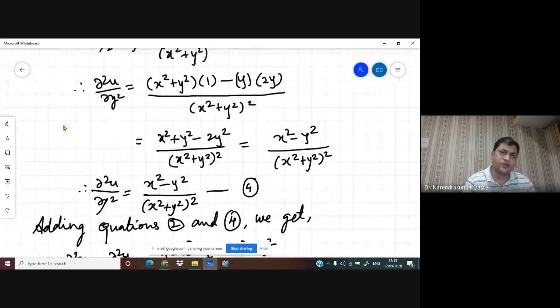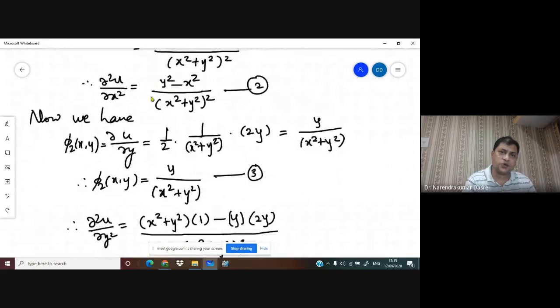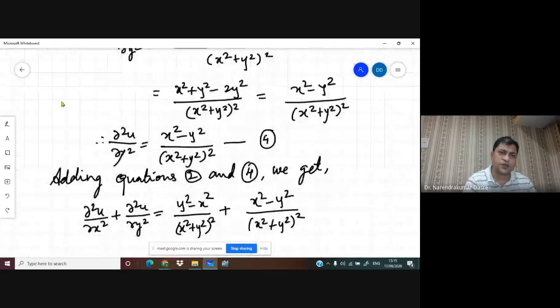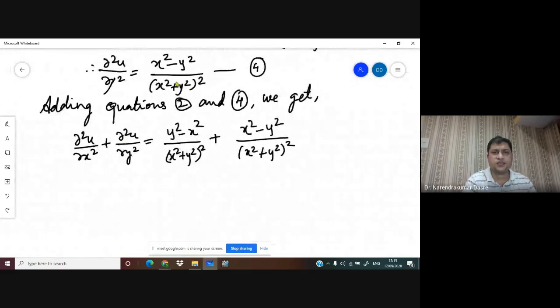See, from equation 2, this is (y² − x²) upon (x² + y²)², and this is equation 4.